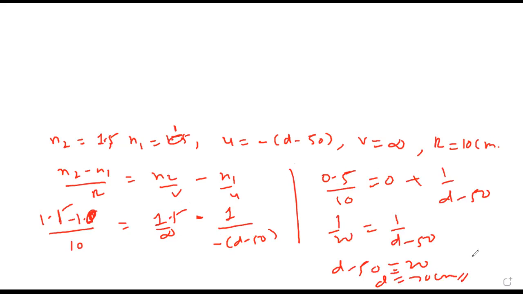Right, d is 70. We are done. Done, na? 70.